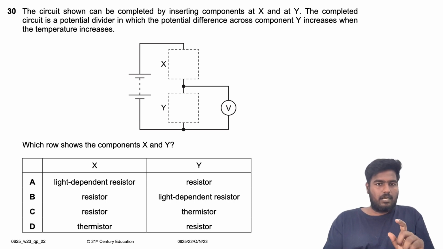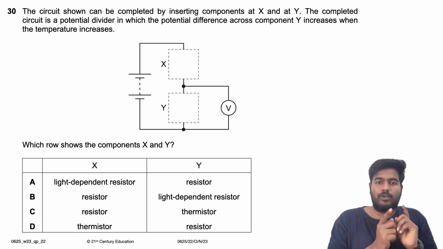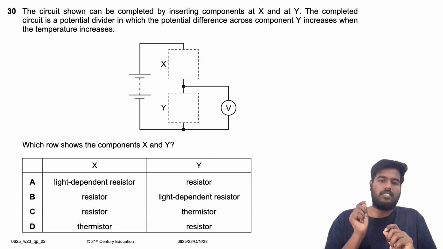The voltage across component Y should increase if the temperature increases. When will the voltage increase? It depends on the resistance ratio between X and Y. When Y is higher than X, the resistance of Y is higher than X, in that case the voltage across Y will increase.